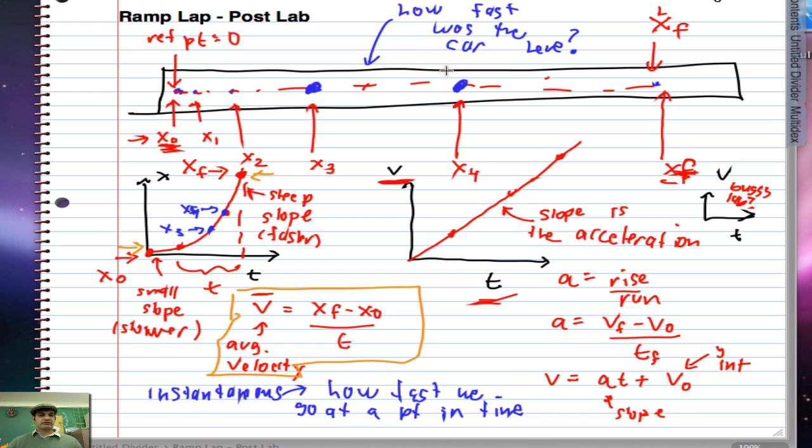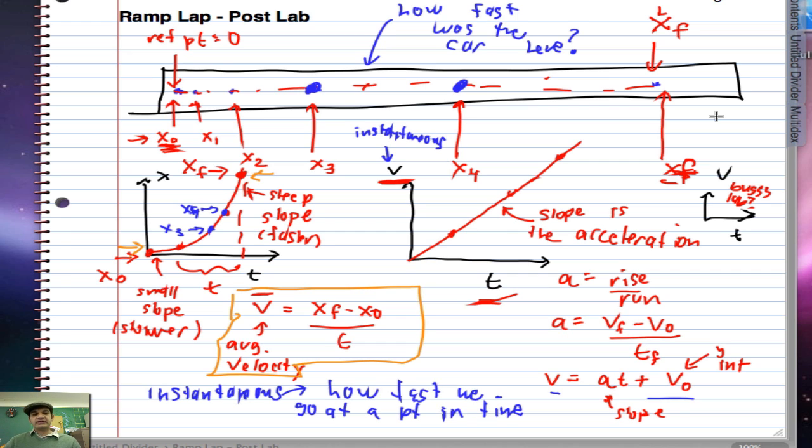We're not going to. We're just going to say that this is the instantaneous velocity. So technically, what this plot is that you did for the ramp lab is the instantaneous velocity versus time. And this equation is the equation for the instantaneous velocity right here. So that's really what we did.